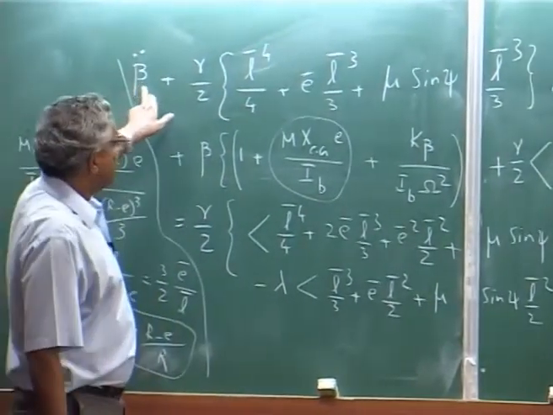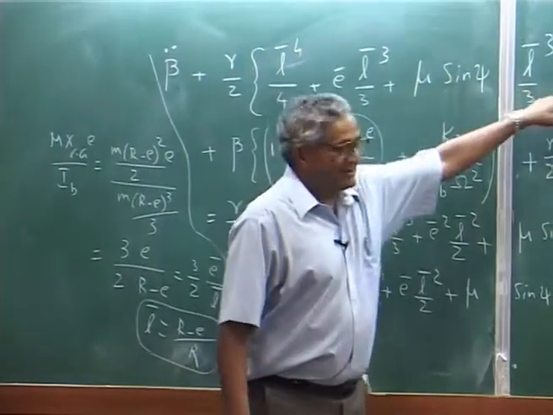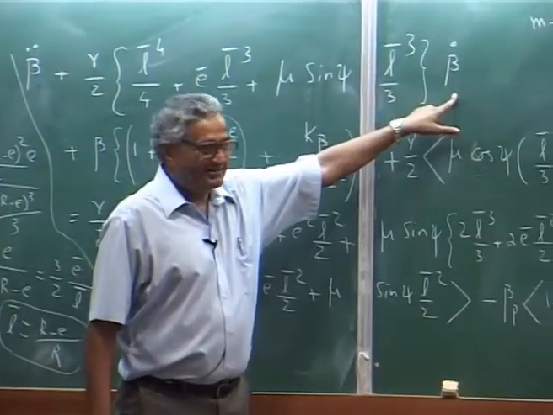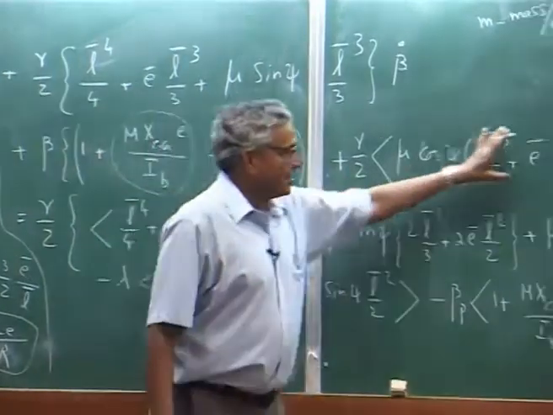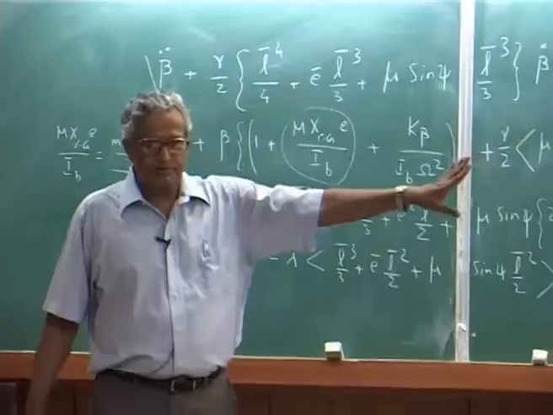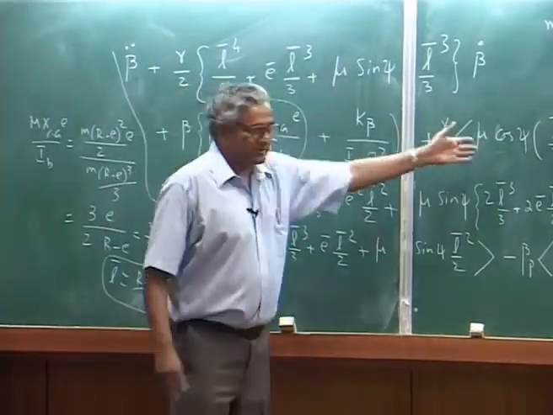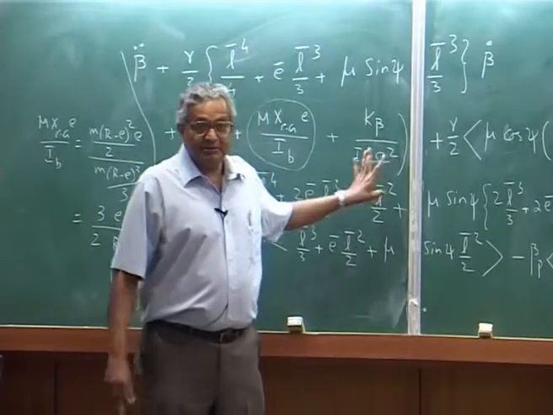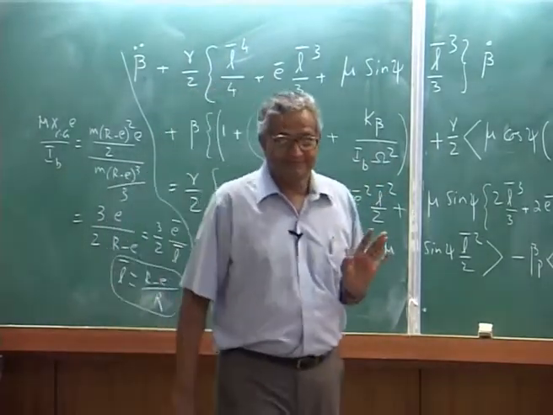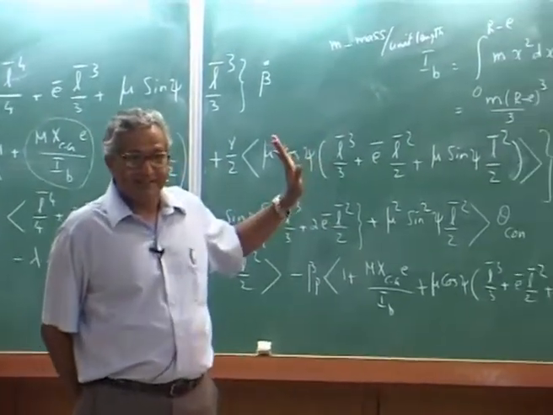You know that this is x double dot plus some x dot plus some x equals some right hand side equations. Only thing is the coefficients are of course time varying coefficients, which you have seen. We do not have any closed form solution for this. Okay. This is the equation.